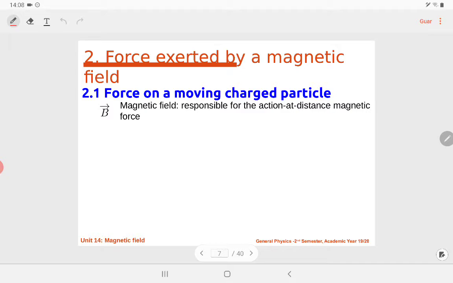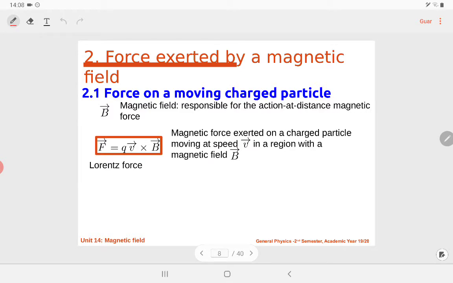So the force exerted by this magnetic field on a moving charge is given by the following equation, where F is the force, q is the charge of the particle, v is its velocity, and big B is the magnetic field.